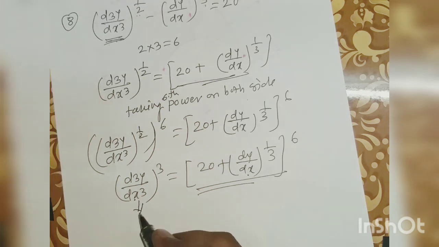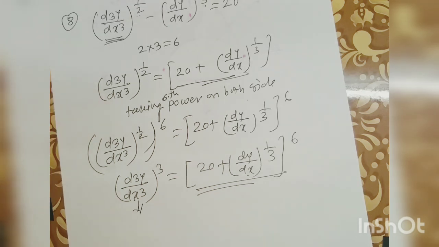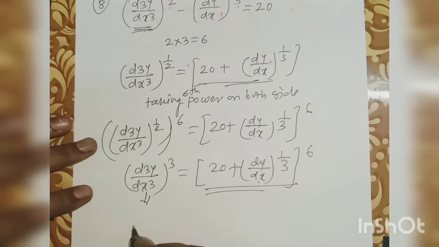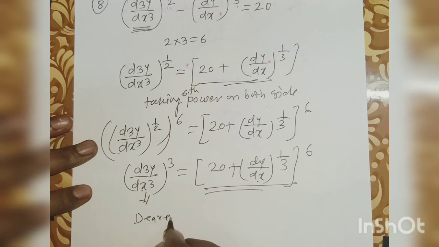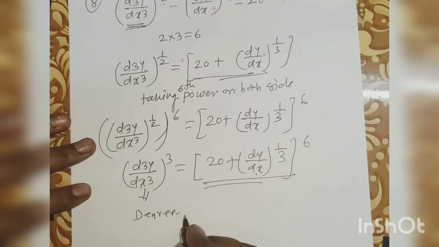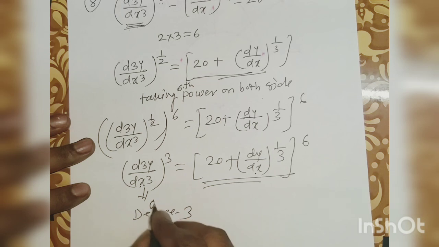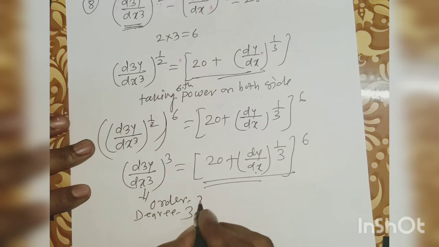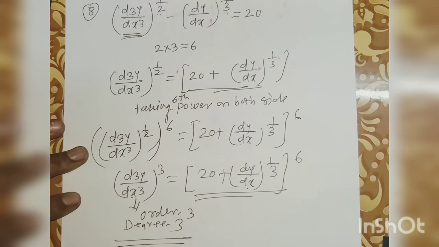From this relation we find the order and degree of the given equation. Here the degree is 3 and order is also 3. Okay.